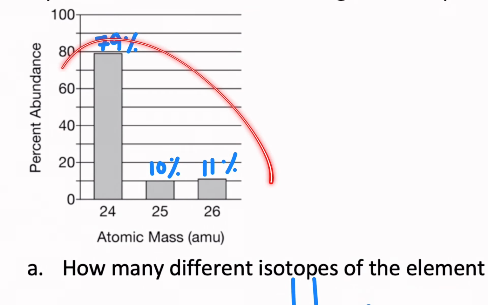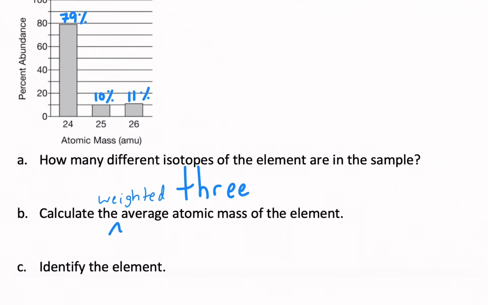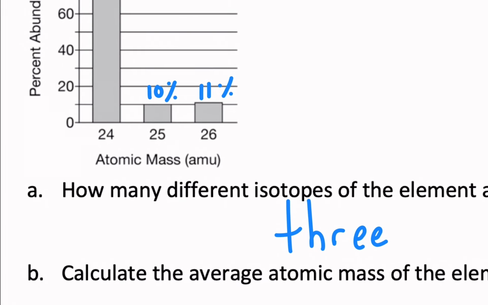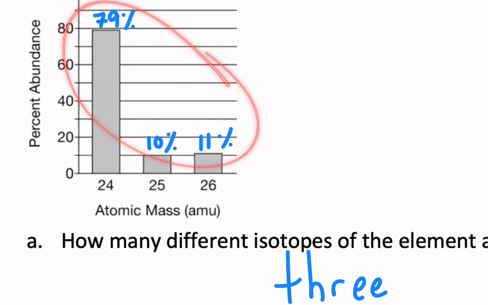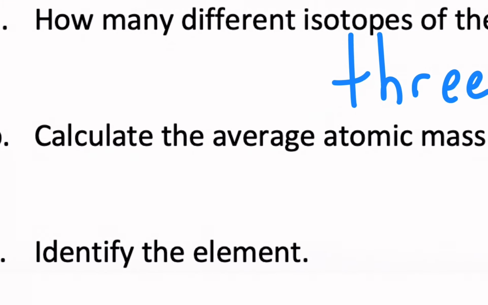You could probably just look at these isotopes and figure out what the element is already, but they want to see that you know how to do a calculation, so let's do that. So the average atomic mass as a weighted average is going to be the percentages, I'll just convert them to decimals, multiply the isotopes of each one.